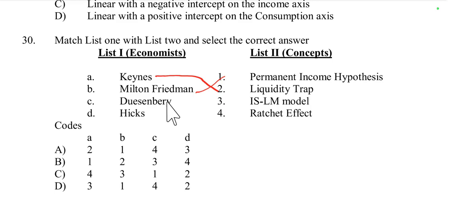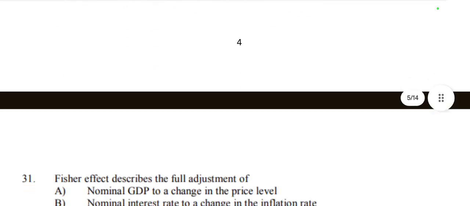Duesenberry gave the concept of the ratchet effect or demonstration effect, bandwagon effect. Hicks gave the concept of the IS-LM model. So A2, B1, C4, D3. Yes, it is option number A.